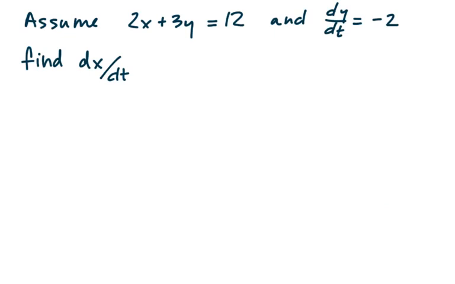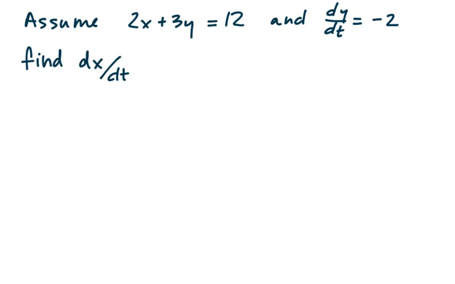We're not putting any application or context to the problem. We just have a function, 2x plus 3y equals 12. It's in terms of x and y. We have information about dy/dt, and in an application setting, this might represent a vertical rate of change. And we're being asked to find dx/dt, which could represent a horizontal rate of change.